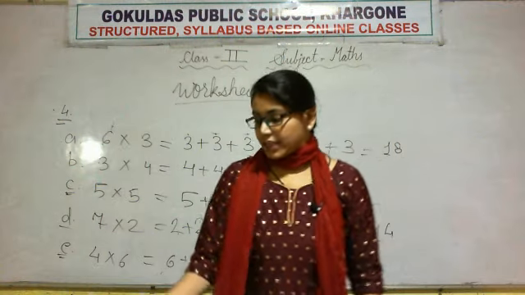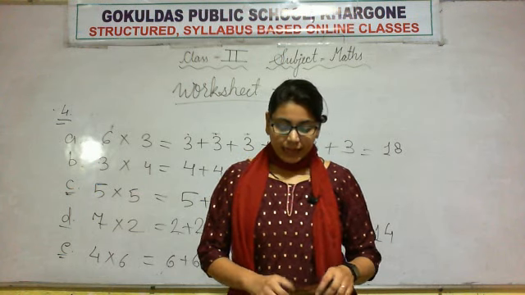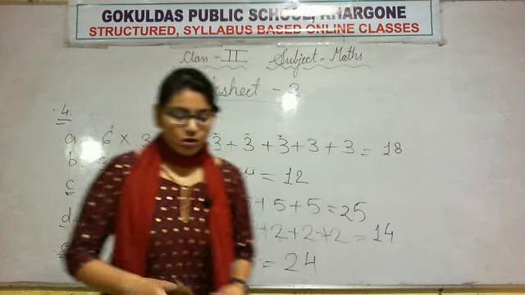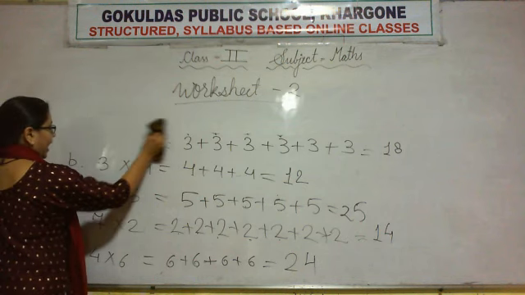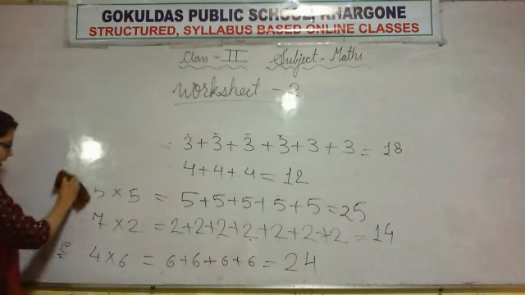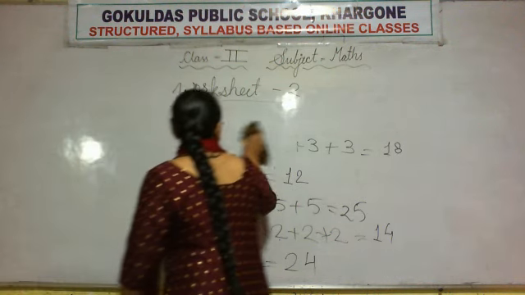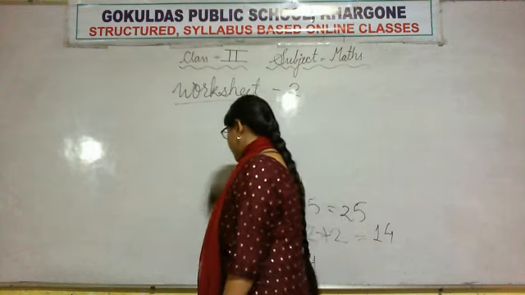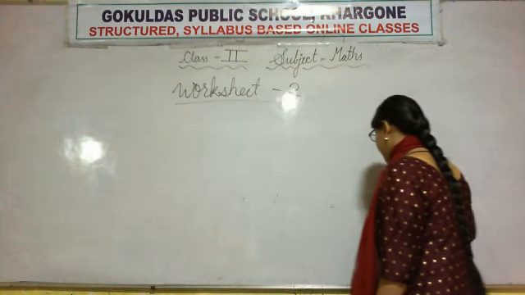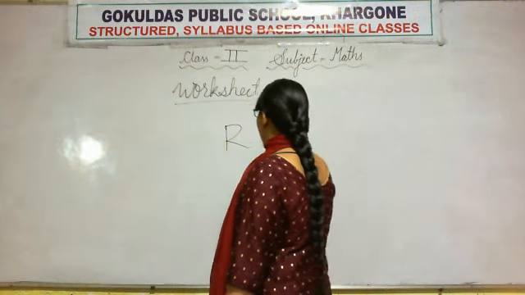So now the next is question number 5. Use Cayley's multiplication table to solve the following sums. For solving question number 5, you need Cayley's multiplication table that is given in your book. Remember one thing while solving questions based on the multiplication table: row into column.